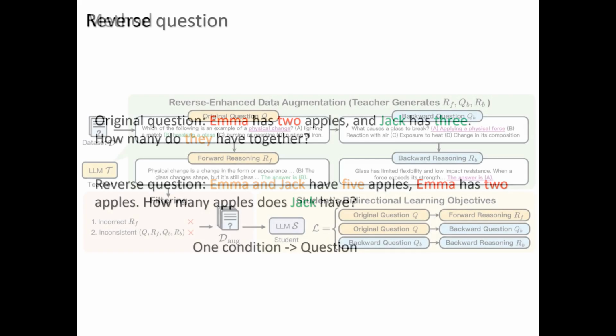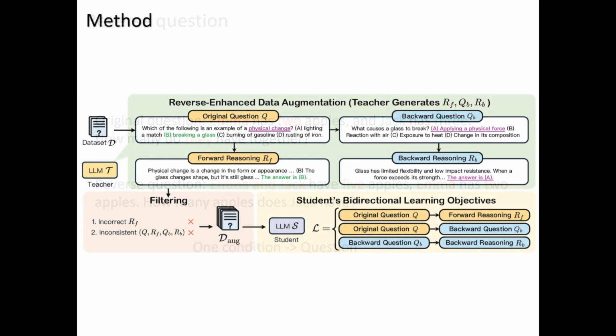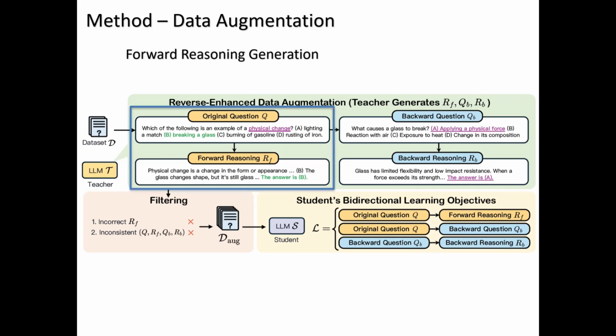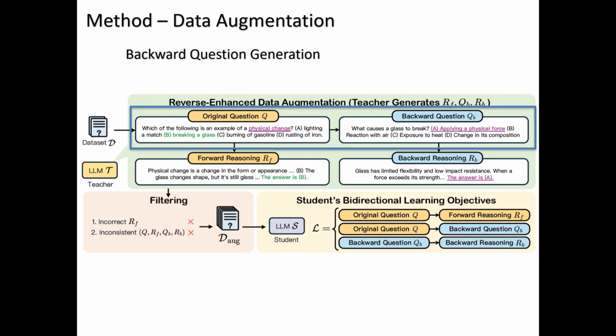Okay, now let's look at the methodology. First, they use a teacher large language model. This is a high-quality pre-trained model that they don't fine-tune, but rather use to augment a question-answering dataset. Given the original question from the dataset, they first ask the teacher model to generate the forward reasoning steps along with the final answer. Then they ask the teacher model to generate a backward question.